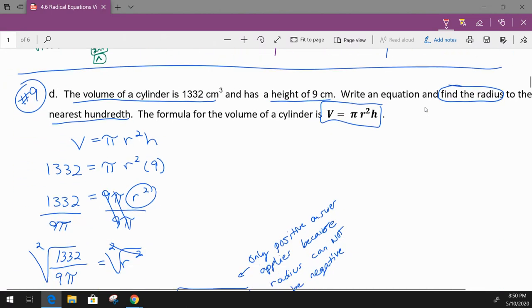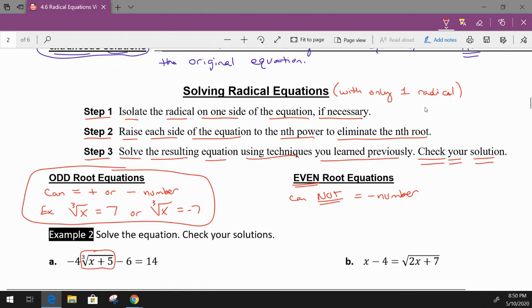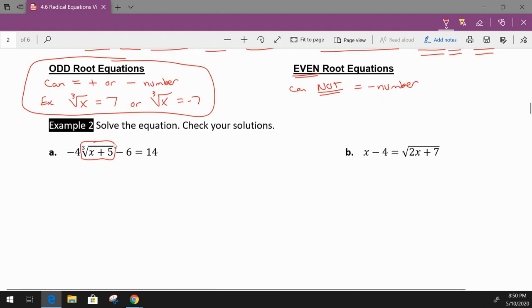Well, when you have a square root or a radical equation and you're starting out with a square root, this square root of 2x plus 7 cannot equal a negative number. There is more to that explanation, but it has to do with the graph and how it only goes to the right. But I don't want to get too far into it.